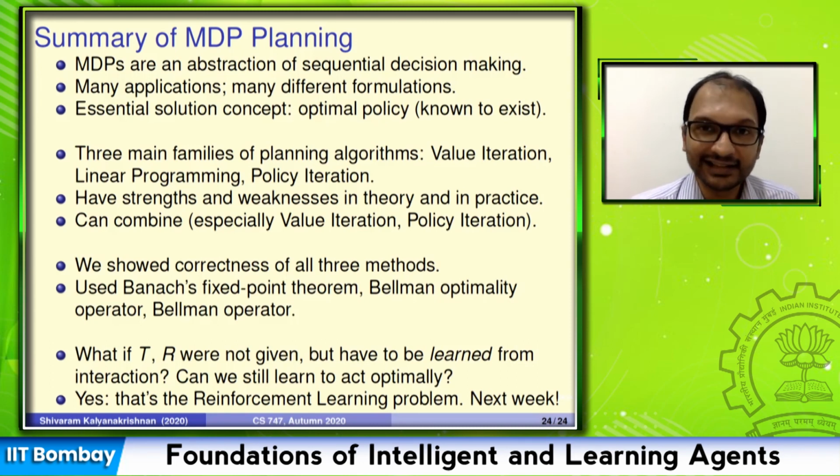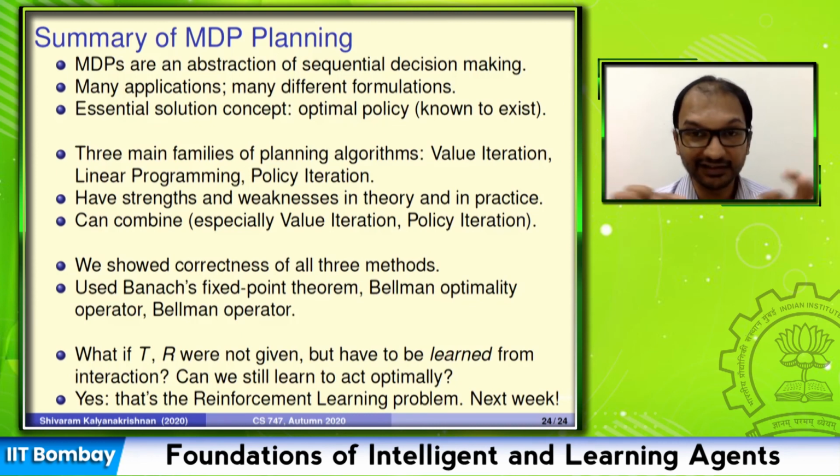But what really is the next step? The next step is going from planning to learning. Technically, planning is the problem that we solve when we are given the MDP in full. We are given the states, actions, the transition probability matrix, the rewards, and the discount factor. But very often in practice, you are not given the transition probabilities as a table.